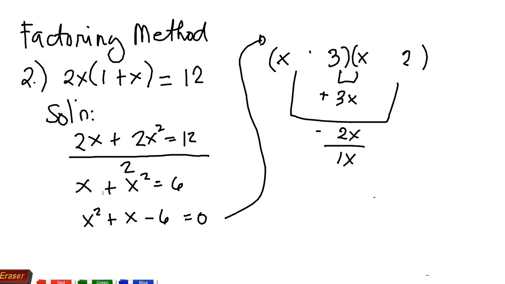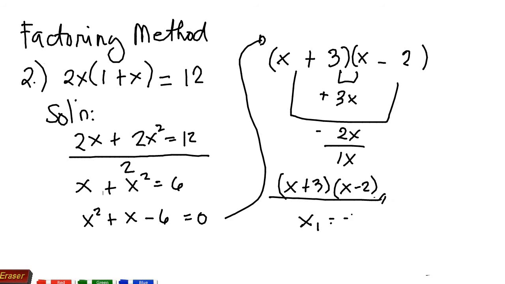So we have x plus 3 and x minus 2 as your factors. Now, getting the roots, x1 is equal to negative 3 and x2 is equal to positive 2. So these are now your roots.